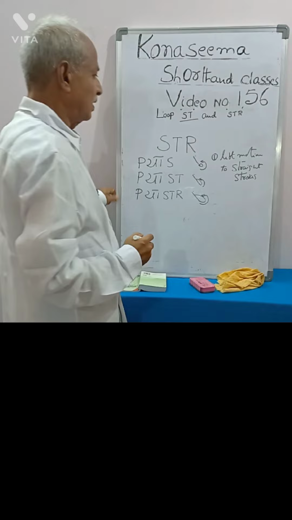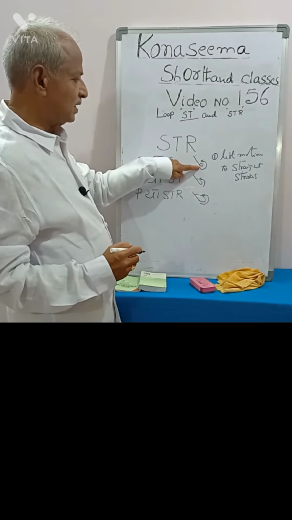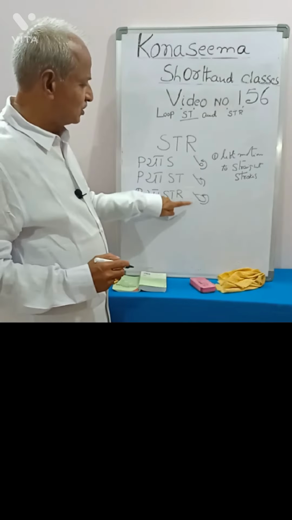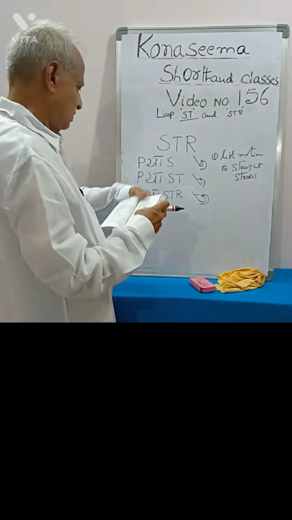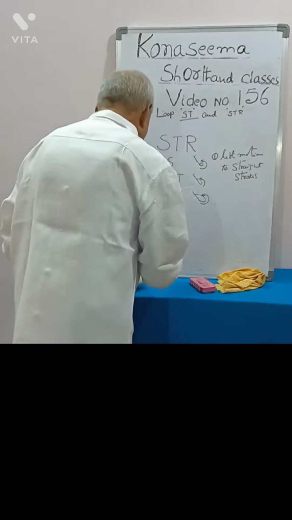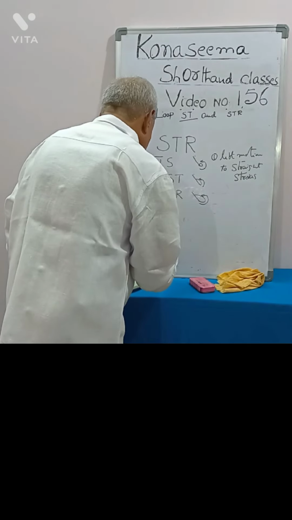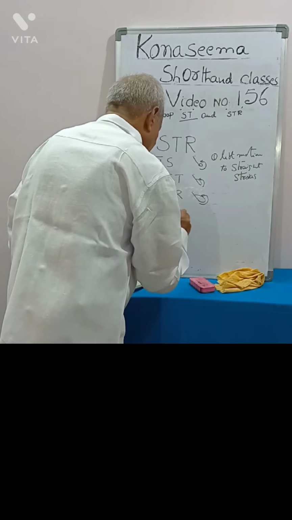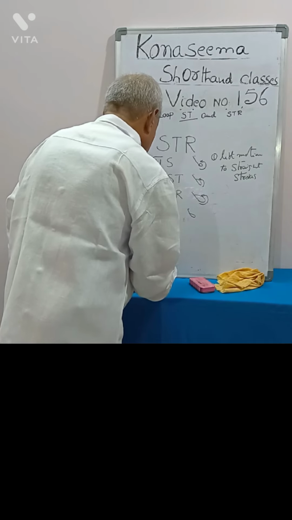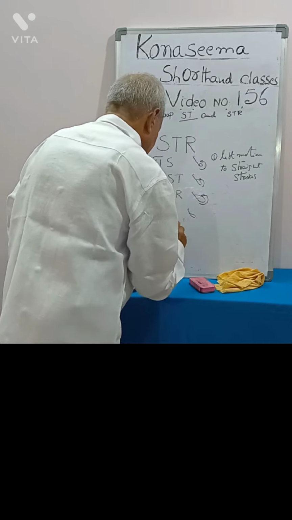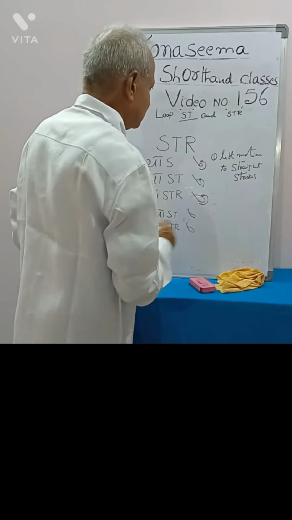And like circles and the T loop, the stir loop can also be written inside curves. For example, fast, fast, faster. Inside curves it can be written.